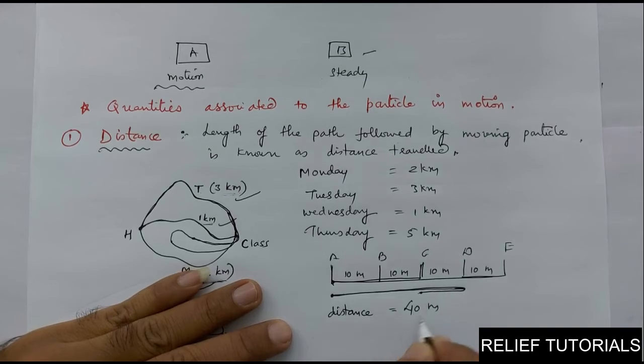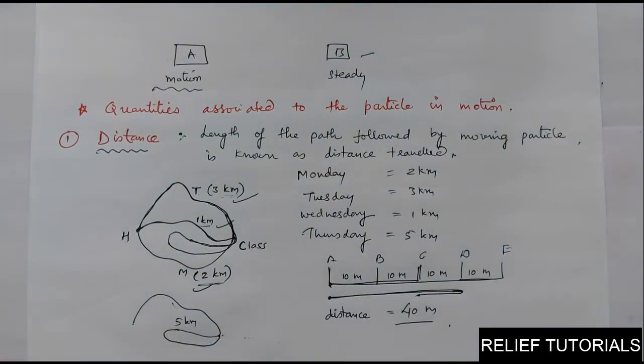So distance traveled by me is 40 meters. So distance means length of the path followed by a moving particle. When you try to decide distance, you just observe the path.